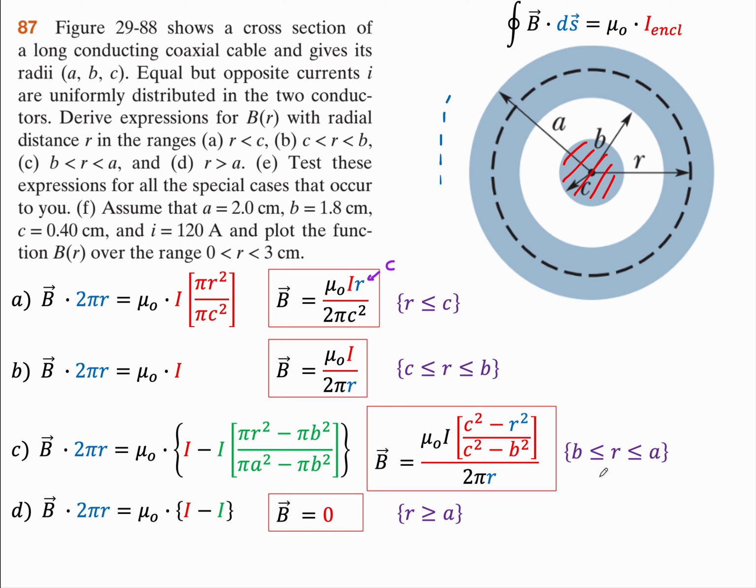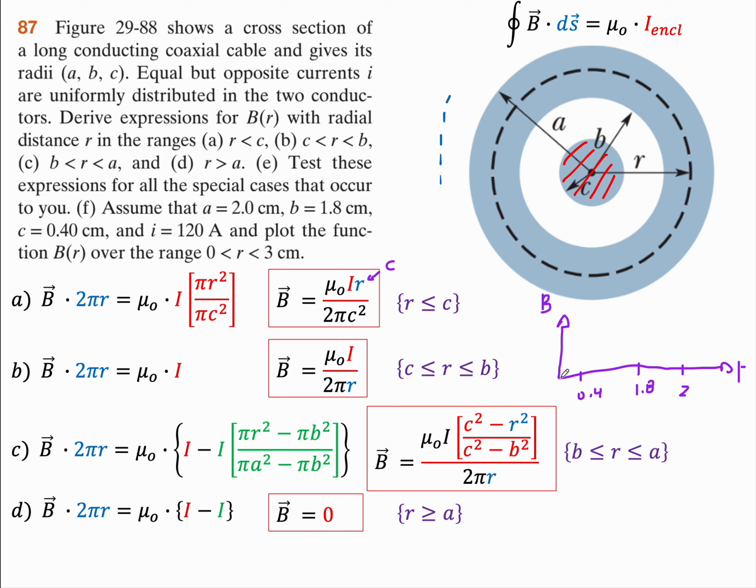Finally, I didn't actually draw this one. I'm just going to manually do it. If you created a graph of magnetic field versus distance, you would end up with an expression that would look something like this. So A is at 2 centimeters, B is at 1.8, and the other one's at 0.4. What's this going to look like?